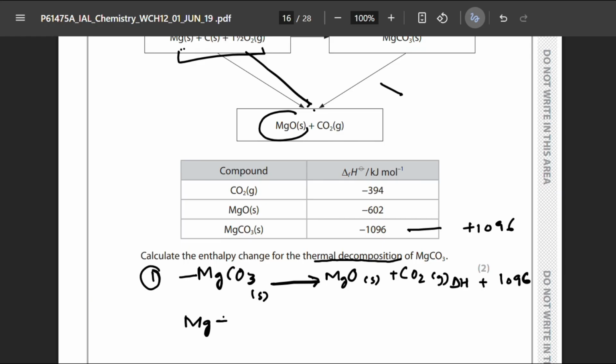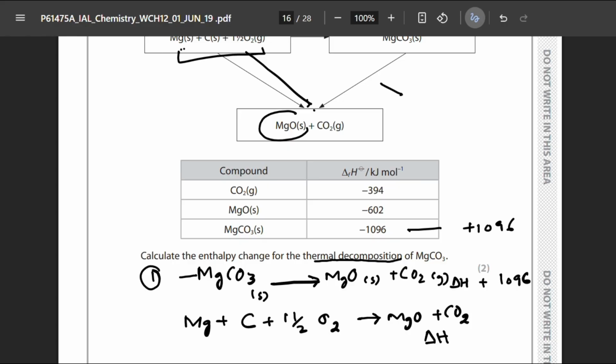If you combine, or add, both the equations, then it's magnesium plus carbon plus oxygen giving magnesium oxide plus carbon dioxide.